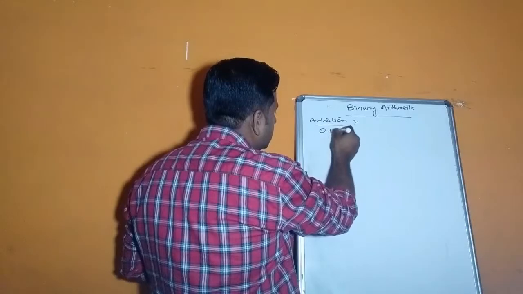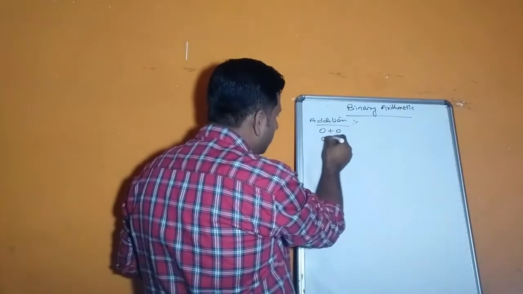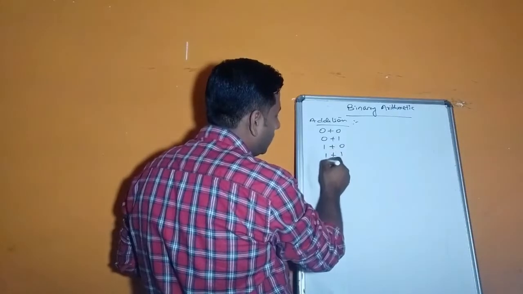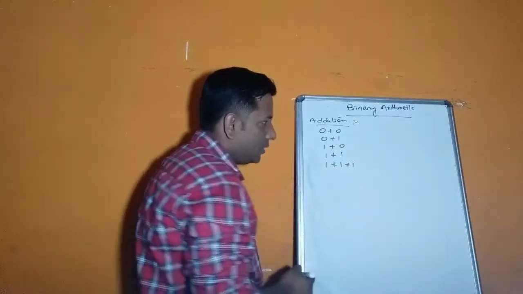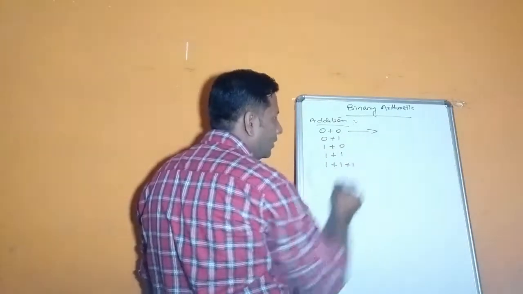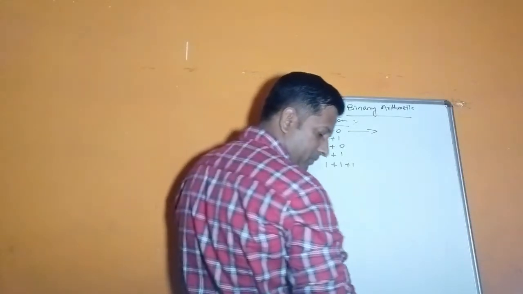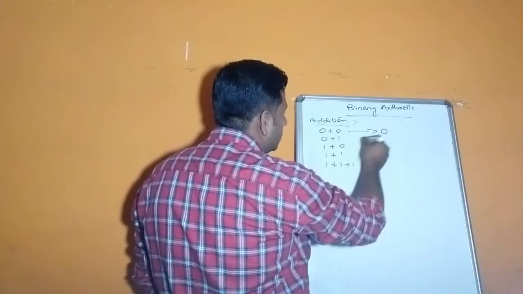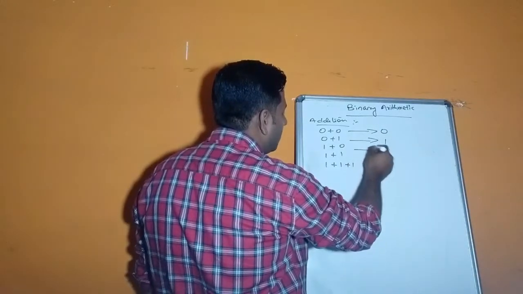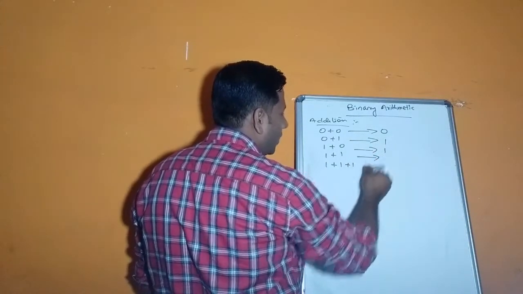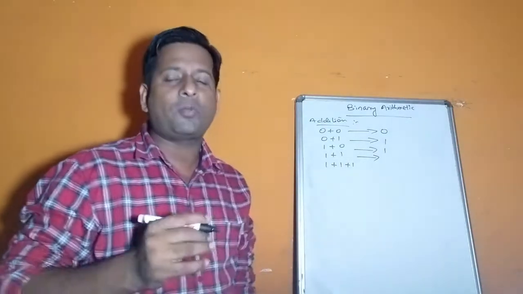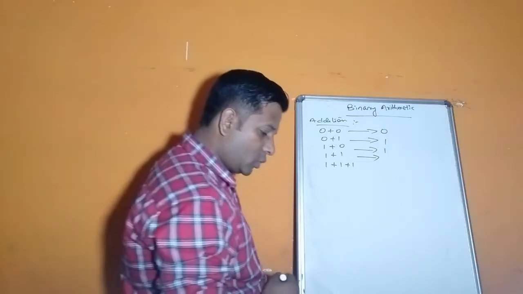You will get 0 plus 0, then 0 plus 1, 1 plus 0, 1 plus 1, 1 plus 1 plus 1. So this many cases we have. 0 plus 0 will be 0, 0 plus 1 is 1, 1 plus 0 is 1, 1 plus 1, usually we have 2, but here we cannot write 2 because we have to stay in binary form.